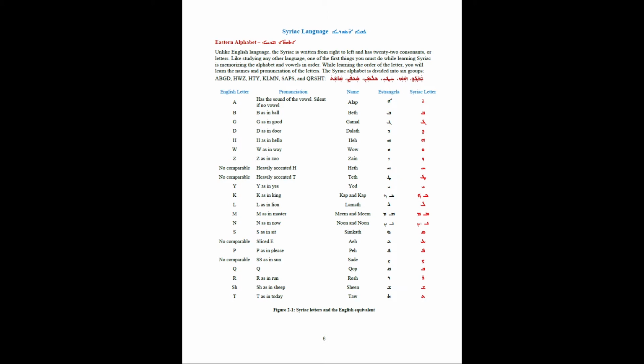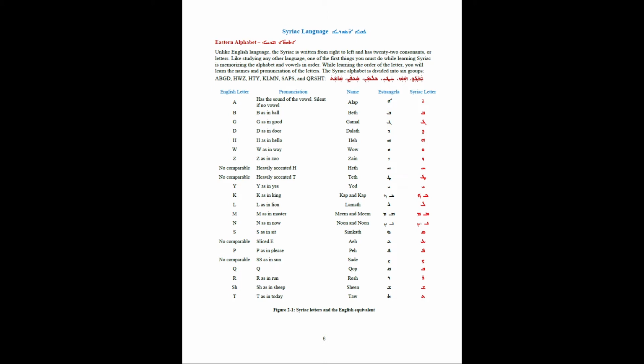Again, here I'm just going to cover the name and the corresponding letter in English. When we study each letter, we're going to apply the 7 vowels and learn the sounds of that letter with and without the vowel.